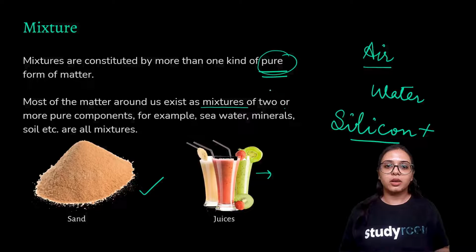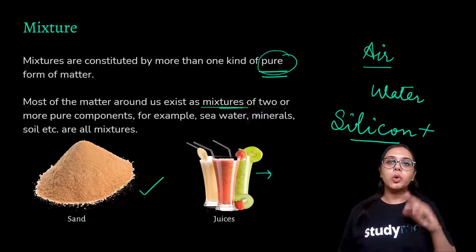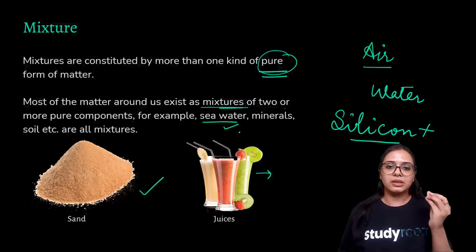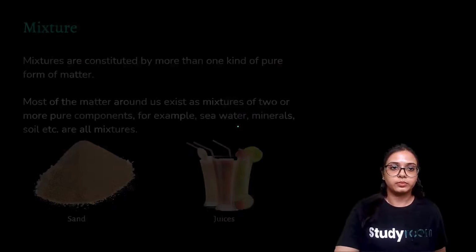So most of the matter around us exists as a mixture of two or more pure components. For example, in seawater you have water and a lot of salt and a lot of other particles added up. Minerals, soil, all of these are mixtures.